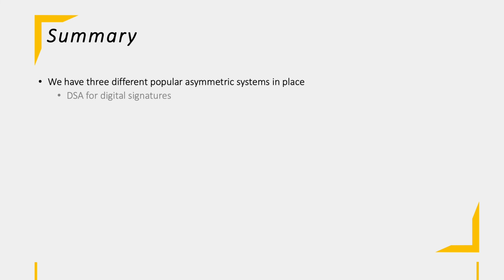Okay, let's have a summary. After this heavy round of math, we should take a short break and run through some facts. We have three different popular asymmetric systems in place, which are DSA for digital signatures, as we just have seen.